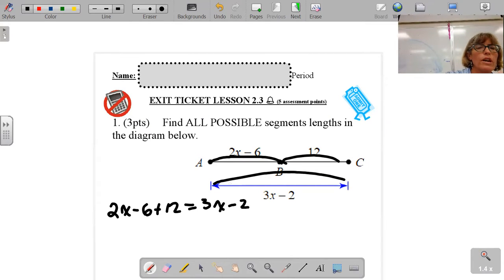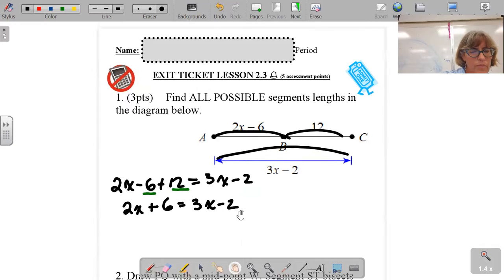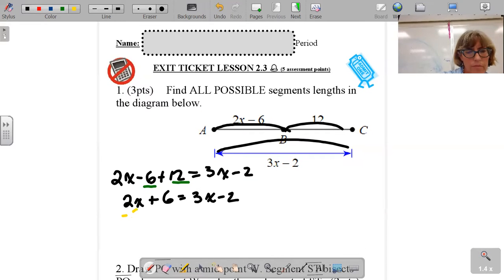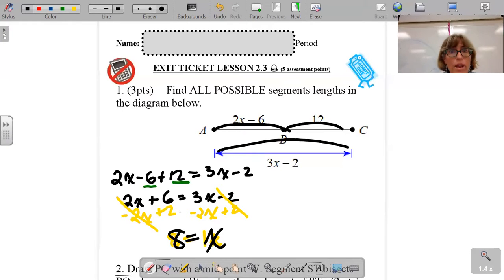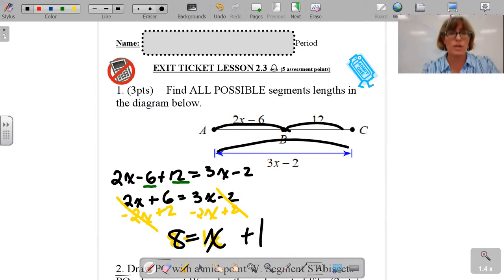And then they solve for x, and we should get x equals 8. Now, if they have x equals 8, that's plus 1.